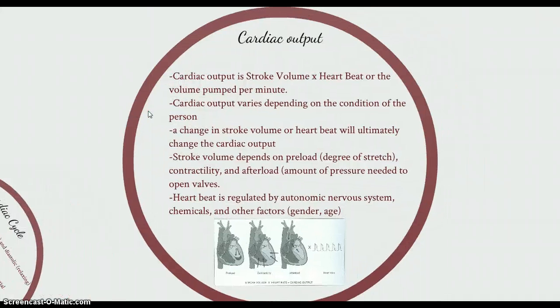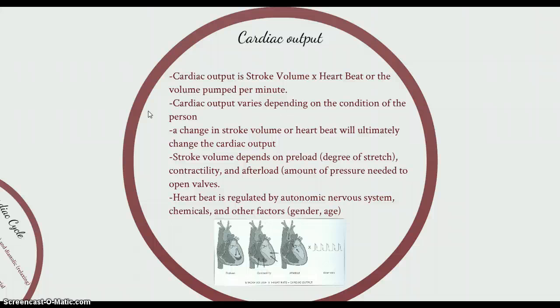So the cardiac output is stroke volume times heart rate, and this will show the amount of volume pumped by the ventricles per minute, because stroke volume is the amount of volume pumped by the ventricles per each contraction. So cardiac output, as I said before, is the volume pumped by the ventricles per each minute.